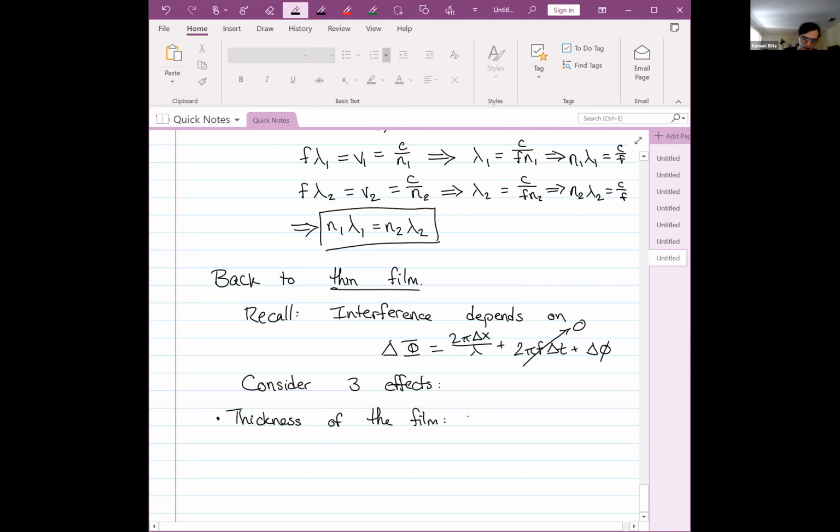If the thickness of the film is tau, which is like a curly T, by the way, it's a Greek letter, then one wave is going to travel 2 tau further than the other.